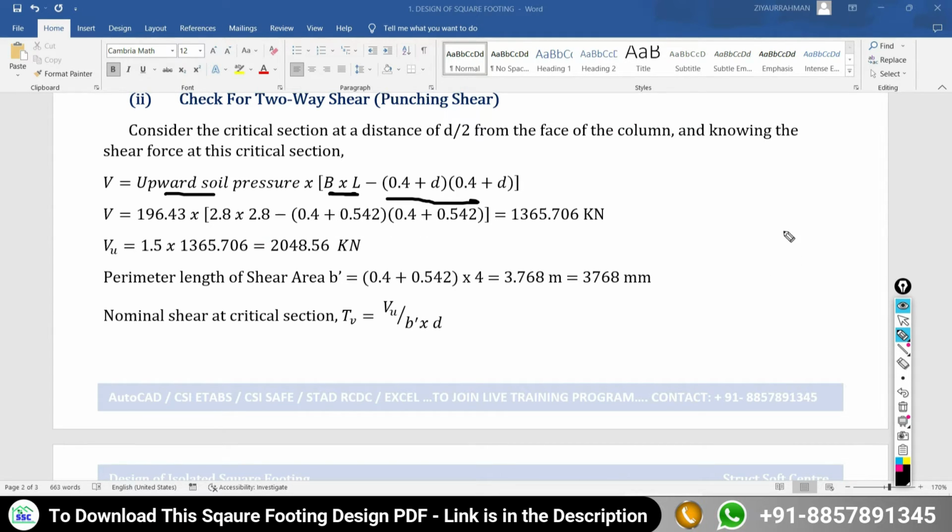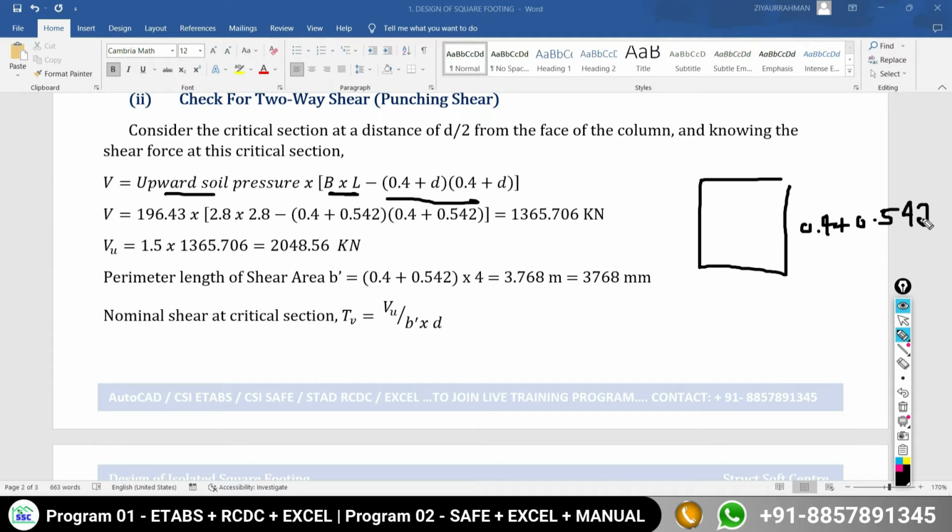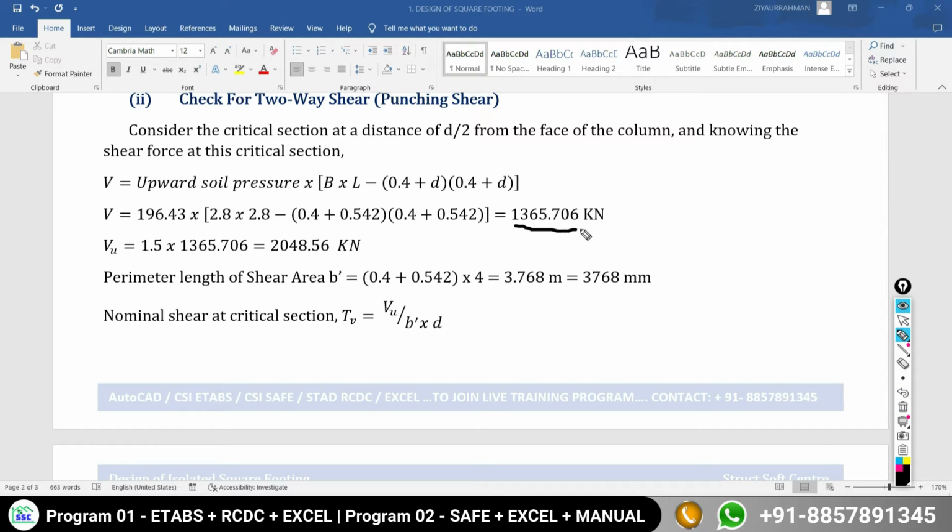The internal size is one dimension and this dimension, both sides are 0.4 plus 0.542. The same values are available here, and with this calculation you get the shear force value as 1365.706 kilonewton. To find the factored shear force, you have to multiply this value by 1.5.